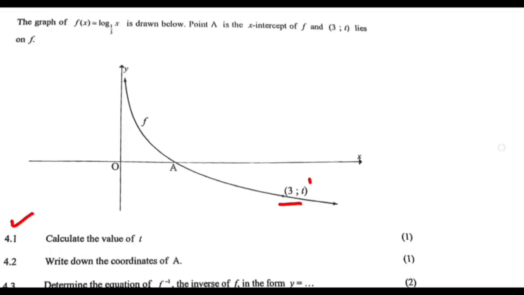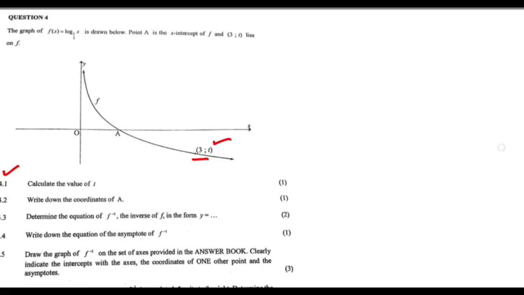So we need to find t. The point (3; t) lies on the graph of f of x equals log of x to the base 1 over 3. To find the value of t, substitute the coordinates into the equation. So we have (3; t), and f of x is log of x to the base 1 over 3.